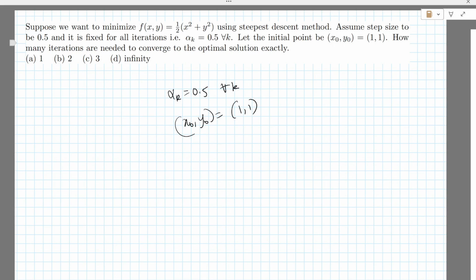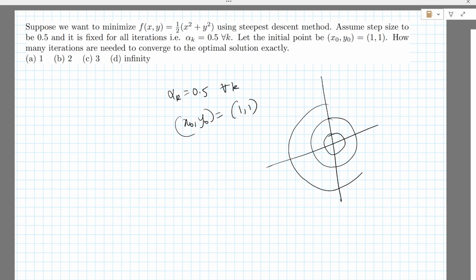This seems to be again that completely circular type of thing. If alpha were equal to 1, it would have taken one step. But as we are reducing the step size, it would be zigzagging, is that the hypothesis? No, actually it won't zigzag, because it is still circular, so it will still go in the same direction.